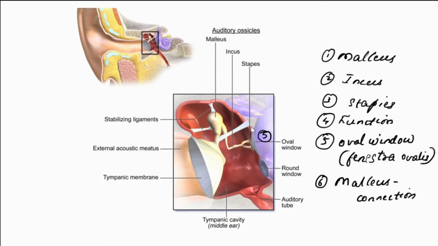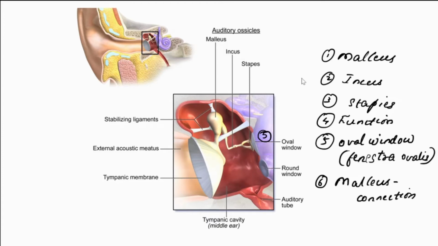These bones transmit the sound vibration towards the inner ear. And the malleus bone is in close contact with the tympanic membrane. The stapes bone is in close contact with the oval window. Oval window is otherwise called fenestra ovalis. You need to learn that term. Fenestra ovalis.